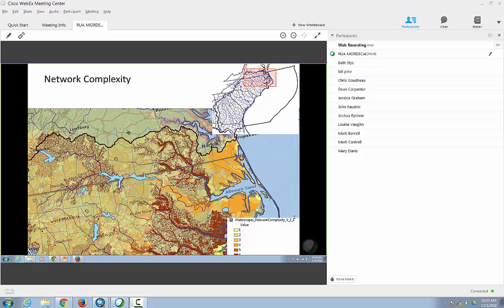Looks good. Excellent. Mark Cantrell. First of all, I really like your font. It's well selected. And I think this does illustrate network complexity really well.